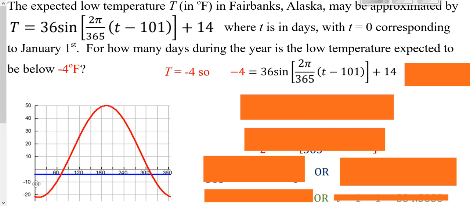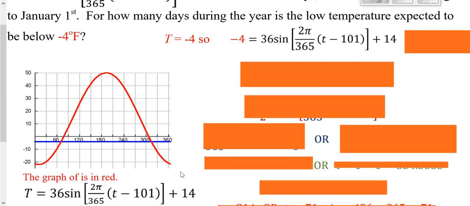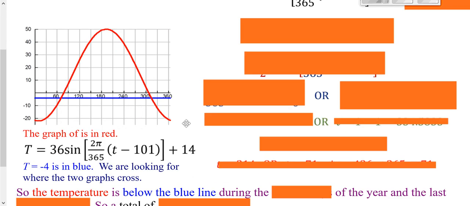And it makes sense that our period is 365 because it's 365 days in a year. We also have our -4, and we're wondering how many days we're below, which would be here, and here. That's really what we're looking at visually.